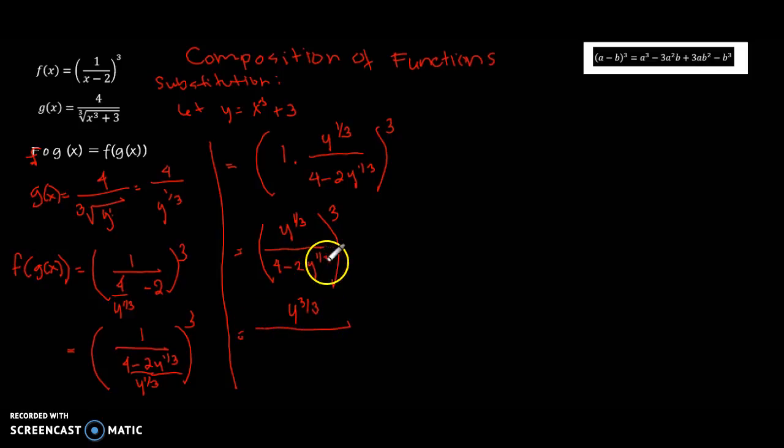And in the same manner, this one right here, so all of this is your denominator. That is exponent of 1, right? So 1 to the 3rd, so I'm just going to multiply that. 1 minus 2y to the 1/3, to the power of 3.